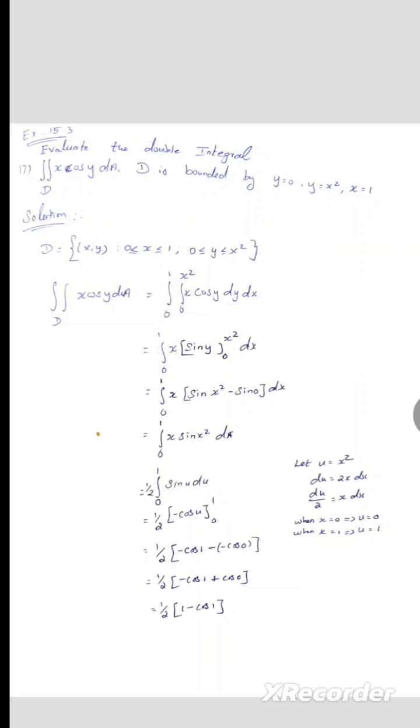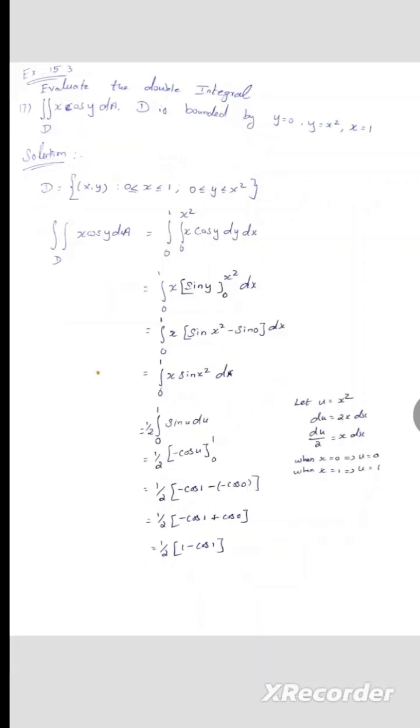Therefore, minus cos 1 minus of minus cos 0, which is equal to minus cos 1 plus cos 0. Here cos 0 is 1, and minus cos 1 we can keep as it is. So we are getting 1 by 2 into 1 minus cos 1. So this is the answer for this problem.